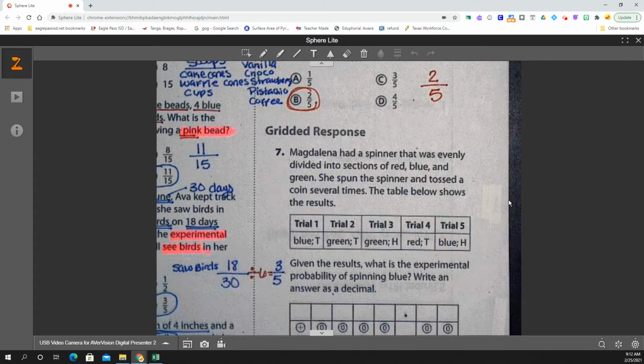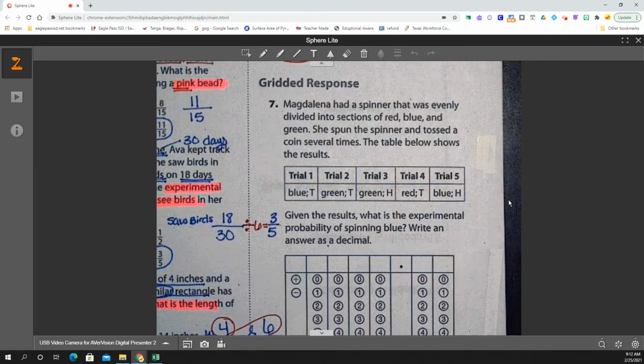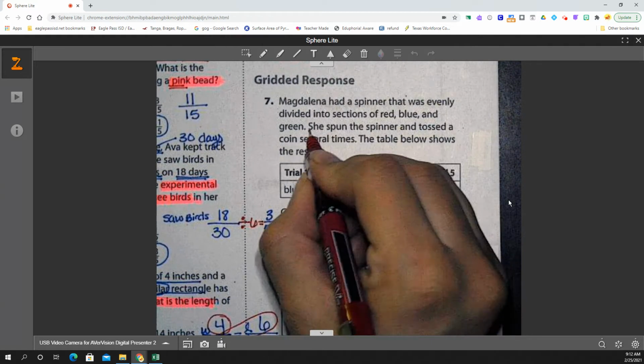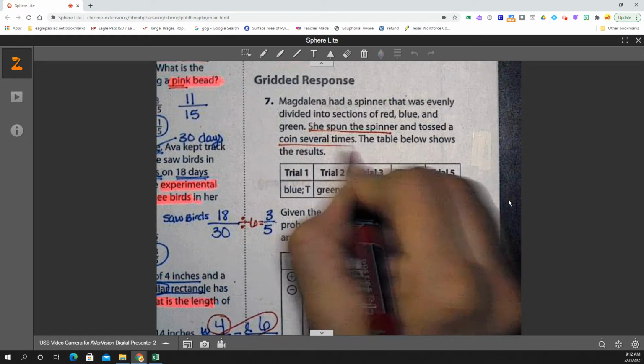Okay. Number 7, go ahead and read number 7 and make sure to answer number 7. Now that you've answered number 7, let's go ahead and go over it. Magdalena had a spinner that was evenly divided into sections of red, blue, and green. She spun the spinner and tossed a coin several times.